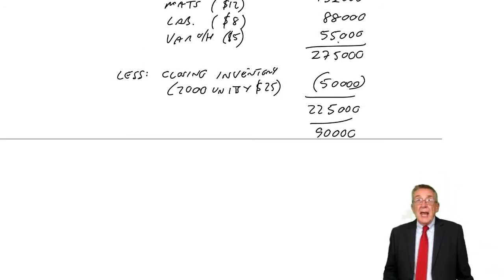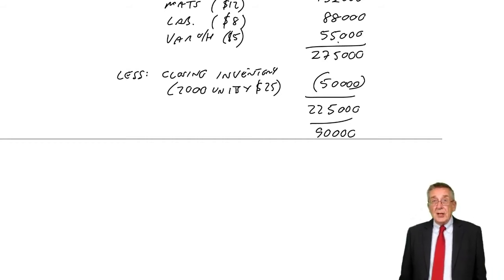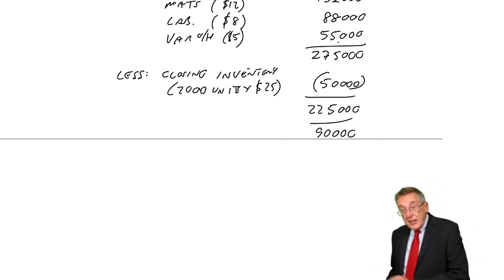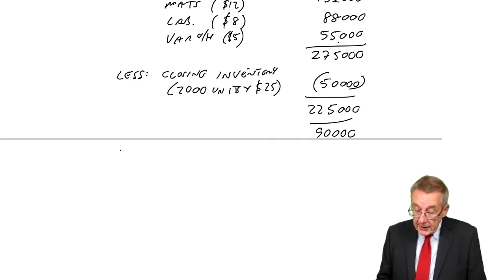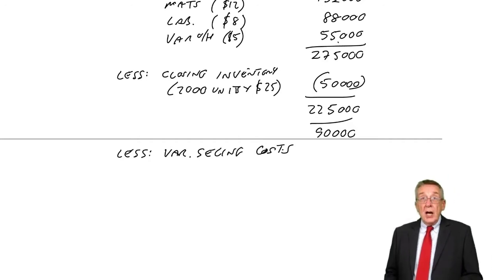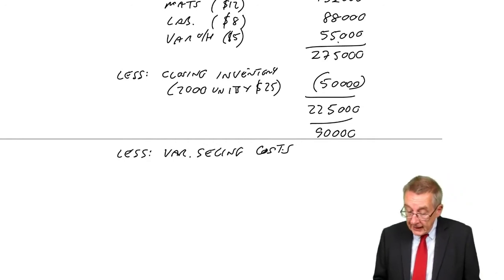Now that doesn't actually have a name. That's like the gross profit, but ignoring any fixed costs. Still ignoring fixed costs, we then subtract any other variable costs. Here there are variable selling costs. It was $1 per unit, but that varies with the level of sales.